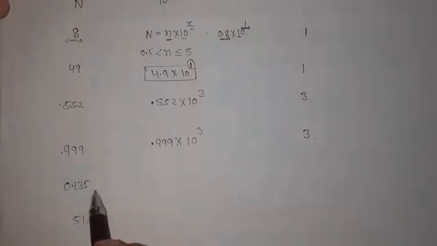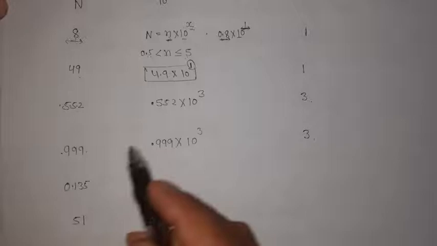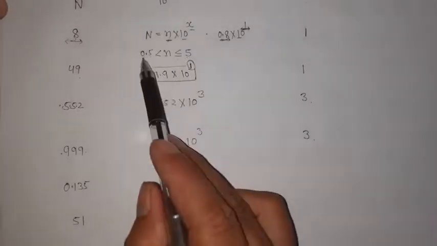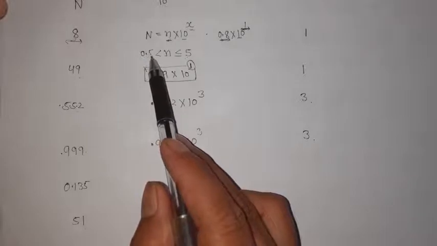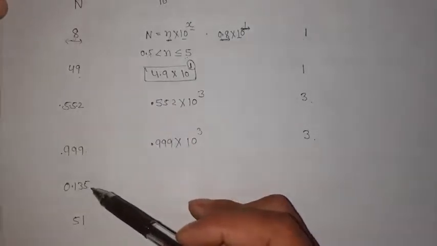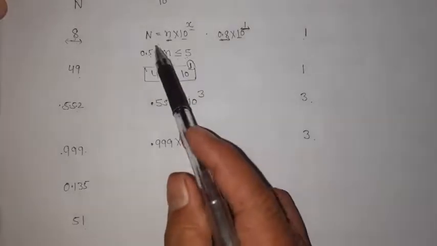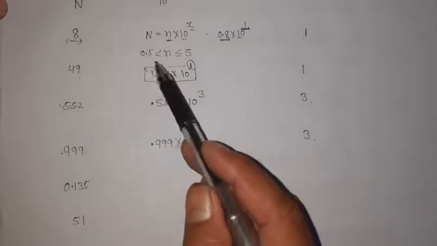Now the next one is 0.135. So what will be the order of magnitude for this value? Student, over here you will check that it is 0.135, 0.13. So 0.1 is already smaller as compared to 0.5. Check over there 0.135. That means it is smaller than 0.5, but we need to make it greater than 0.5.